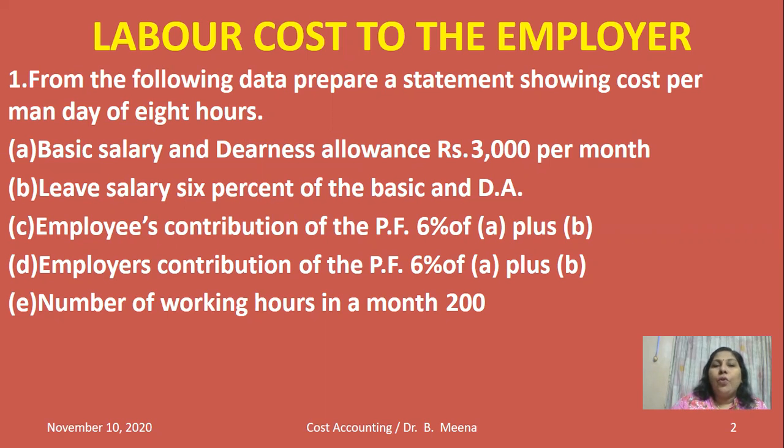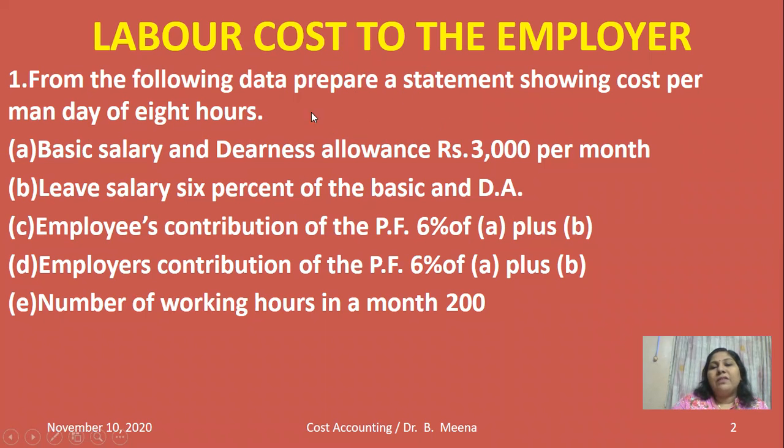So we must ignore all employees' contributions towards either PF or ESI in order to calculate the labor cost to the employer. Again, I'm repeating, whenever you calculate the labor cost to the employer, you must ignore the contributions made by the employees, like contribution towards PF and ESI. Okay.